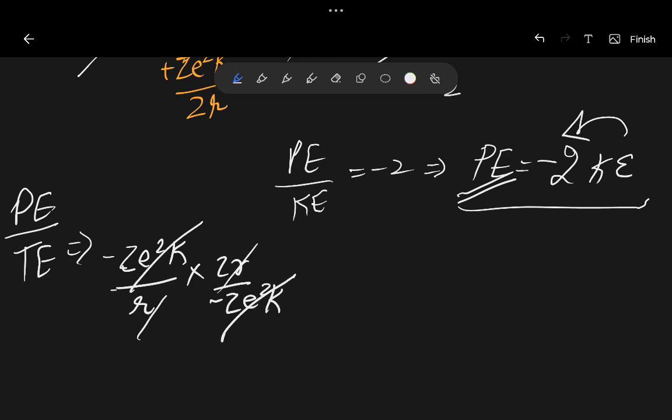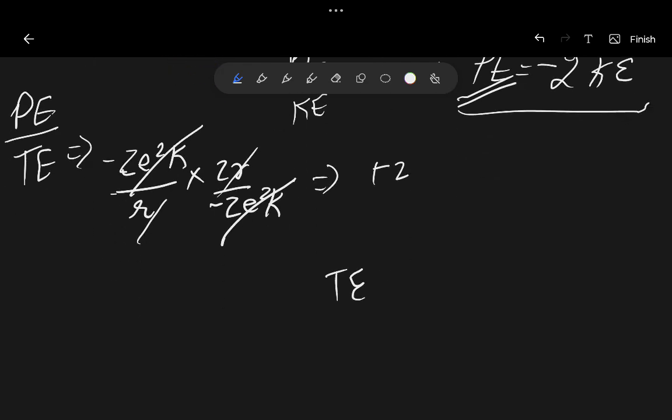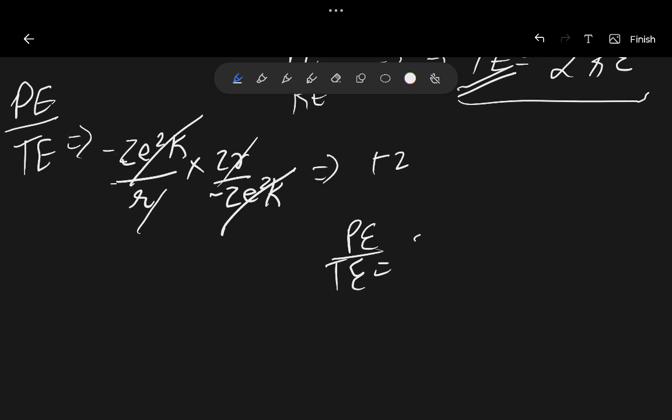This will get cancelled by this, and you will get plus 2. So potential energy upon total energy is 2, which means potential energy is equal to 2 times total energy.